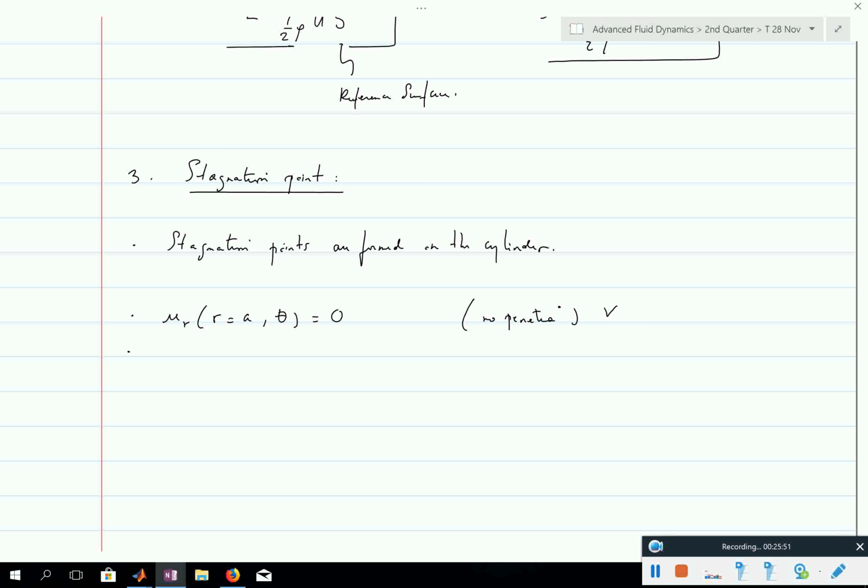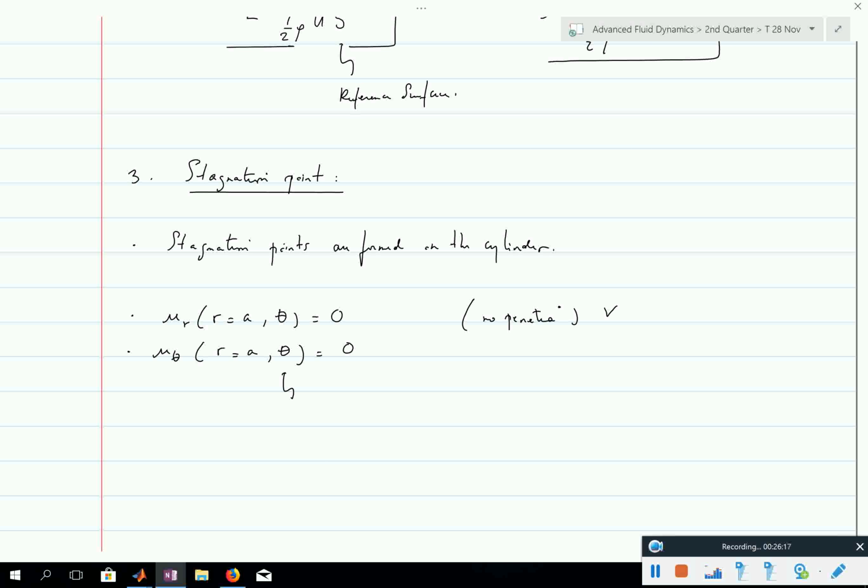So we'll simply look at the points on the cylinder, the points at r equals a, for which thetas the circumferential velocity is equal to 0. Now, how many solutions do we expect to this equation? From the flow that you saw, how many solutions do you expect? 2.